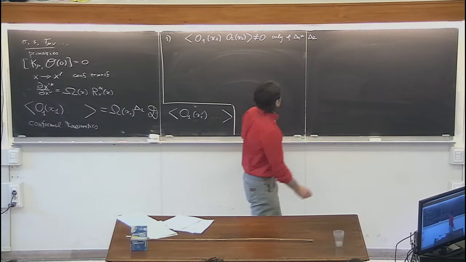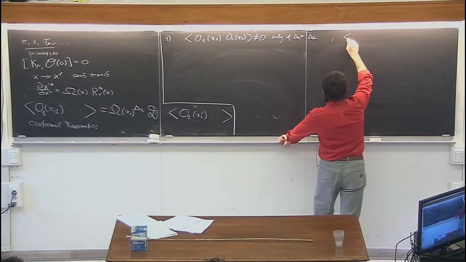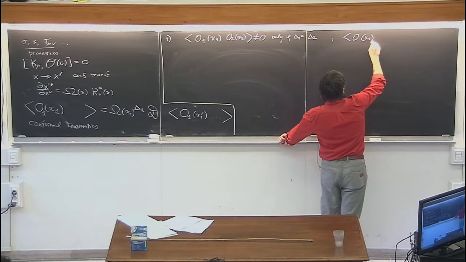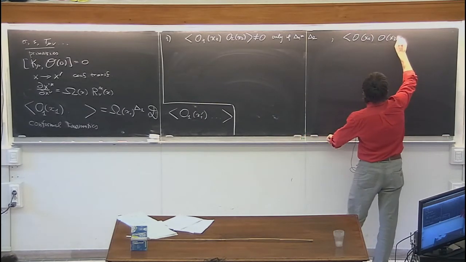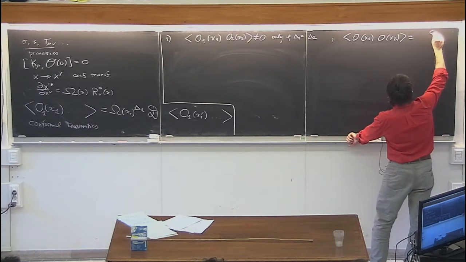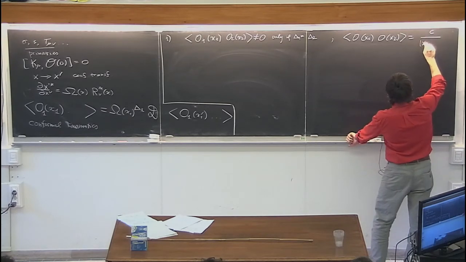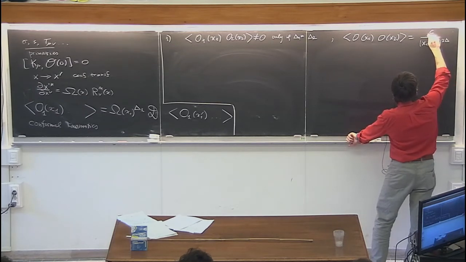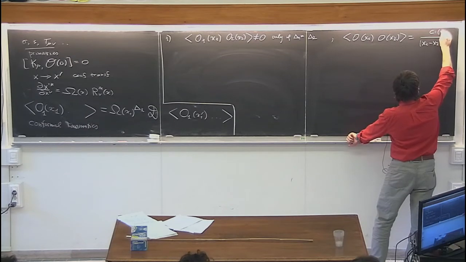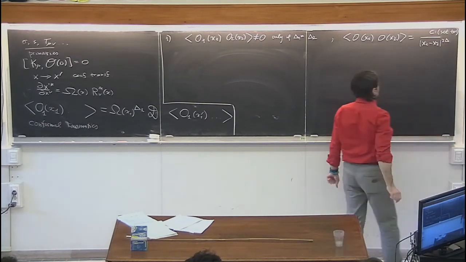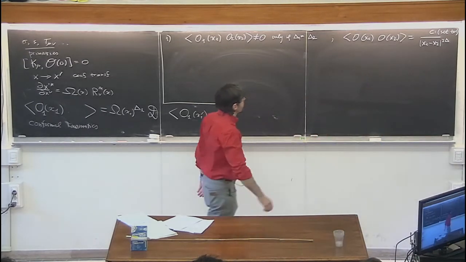And if this condition is satisfied, then the correlation function, as I said, is equal to a constant divided by x1 minus x2 to the power 2 delta, but we can set this constant to 1 just as a normalization, by rescaling the fields.